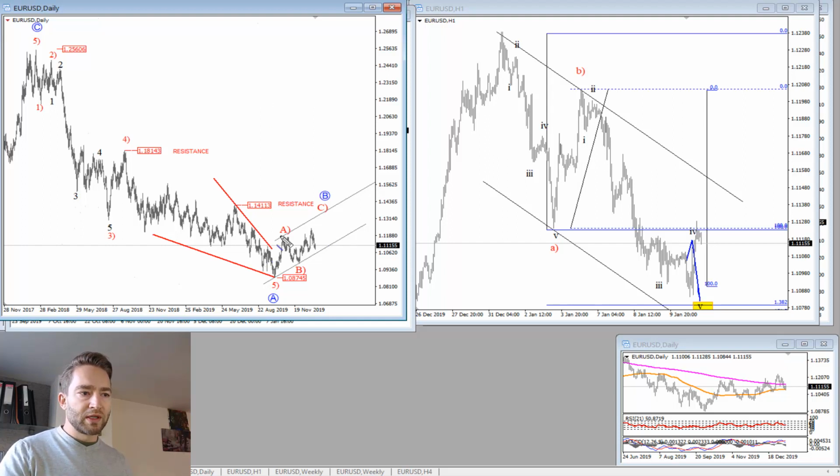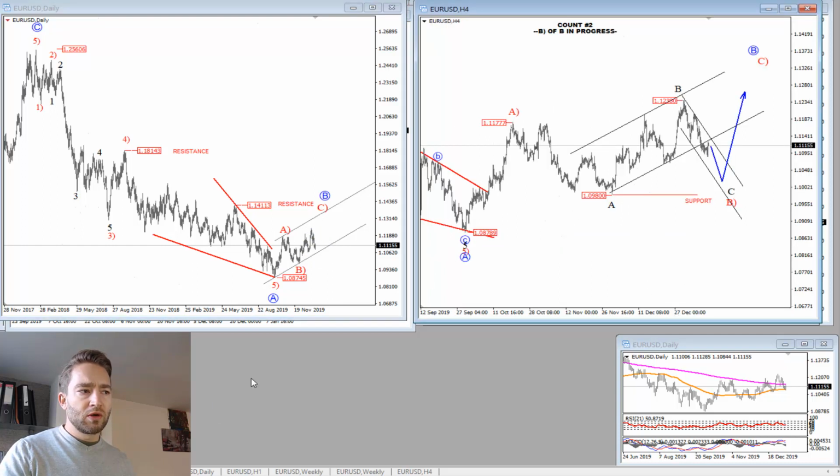When looking at this price action, I can see the market moving to the upside within these two parallel trend lines, so I believe it's a correction. The only question is if it's already finished. Looking at the 4-hour chart, from this low to this high, it was a 3-wave move. This is not a 5-wave move.